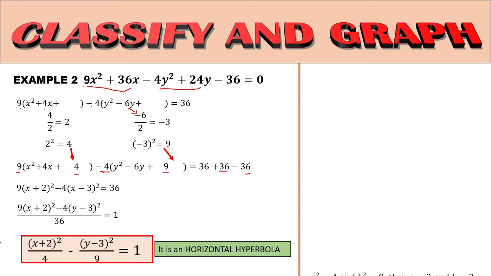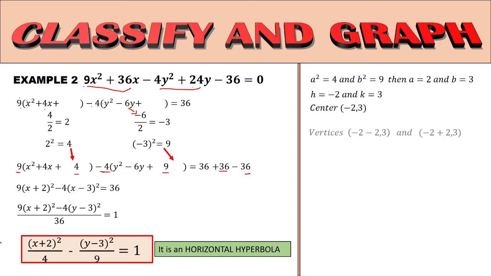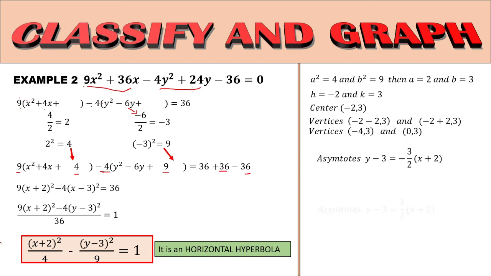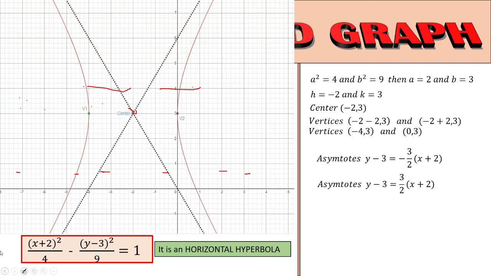Now, a squared, a is 2, b is 3, h is negative 2, k is 3, the center. You want to see how to make a graph of the hyperbola? I recommend you watch the hyperbola video I have on my channel. Vertices, the asymptotes, two asymptotes, and this is the graph. Let me erase this one to be better.